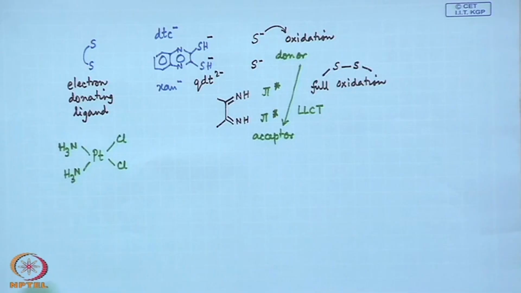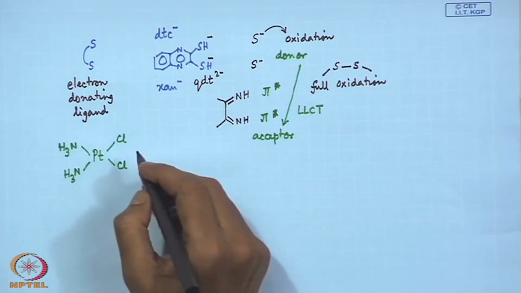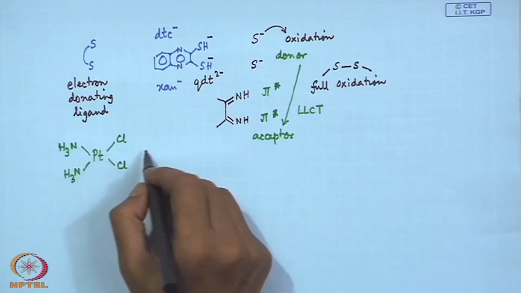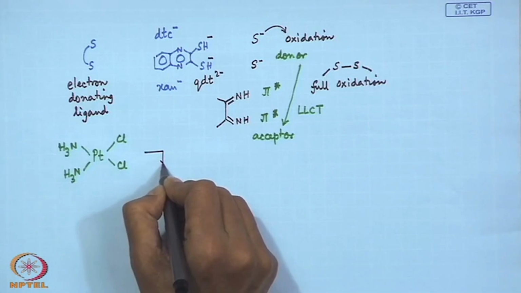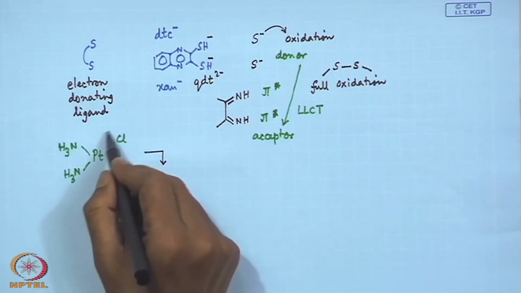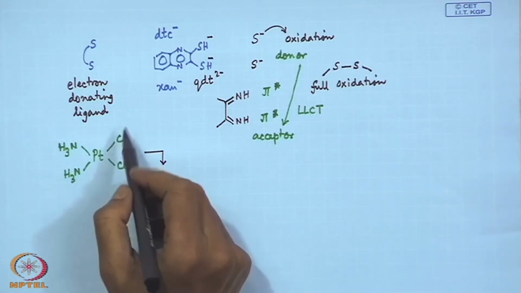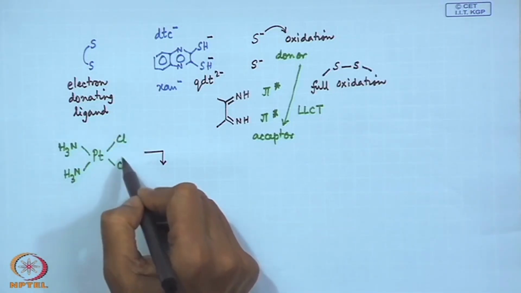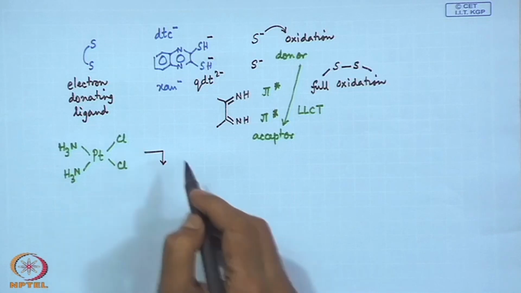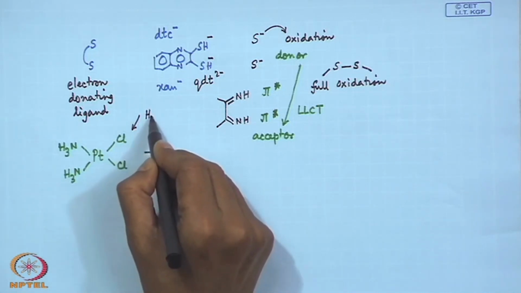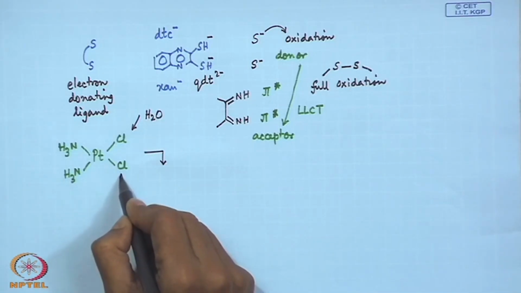So this is basically the well known molecule, the corresponding anti-cancer drug, cisplatin. When it goes inside the cell, these platinum chlorine bonds get hydrolyzed and are replaced by water molecules.